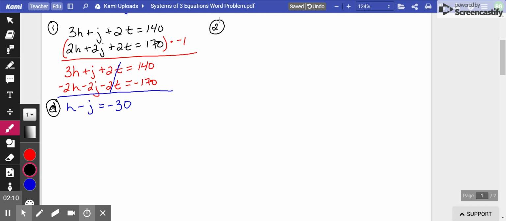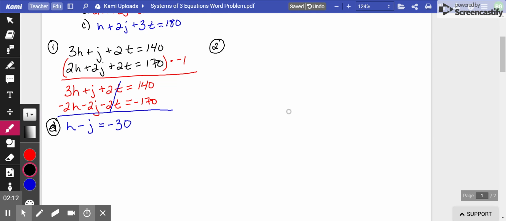Step 2 is to pick the third equation, which would be equation C, which is h plus 2j plus 3t equals 180, and one of the equations you've already used. I'm just going to pick equation A, which was 3h plus j plus 2t equals 140.